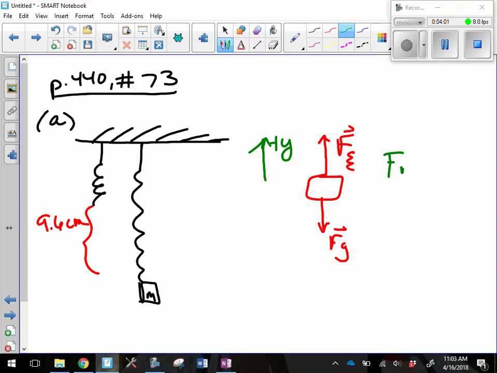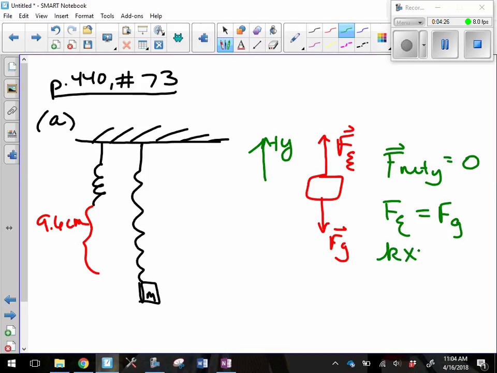So we can say that F net y is equal to 0. This is an object in equilibrium, and not only equilibrium, but static equilibrium. It's just sitting there. So we're going to skip a few steps here and say that the magnitude of the spring force is going to be equal to the magnitude of the gravitational force.